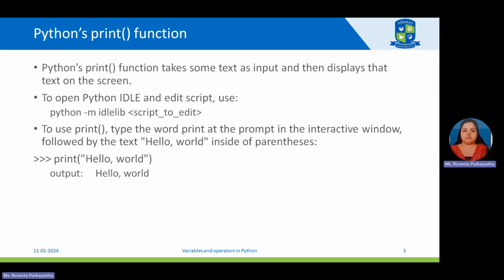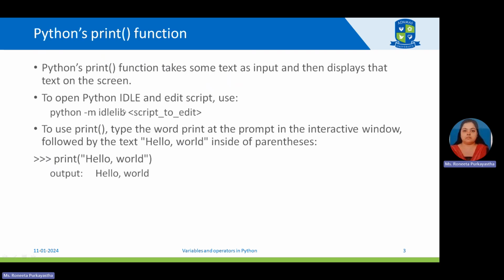Now next is how to write this Python code. Where will you write the Python code and how will you execute it? For this you need to open Python IDLE, and you have to give the following command. Let me break up this command. It is just the python command in which you are supplying idlelib.